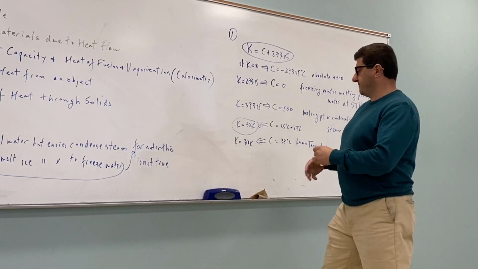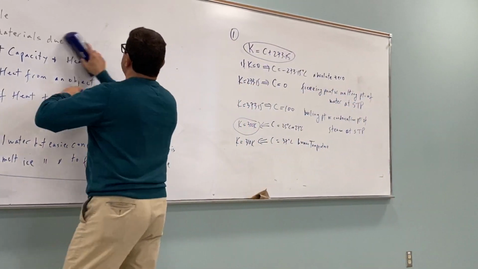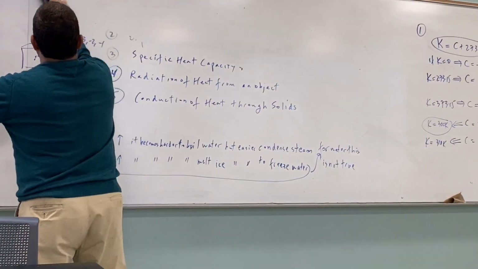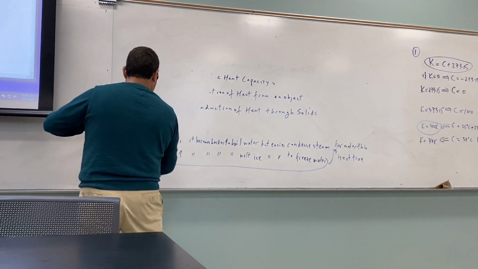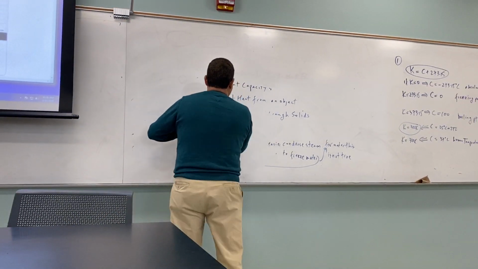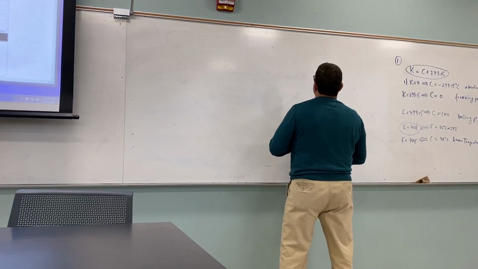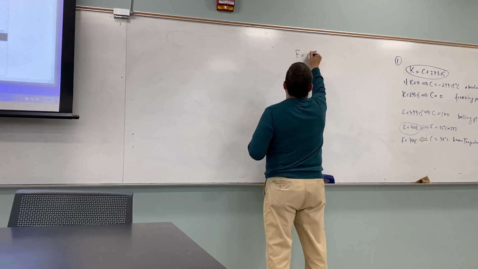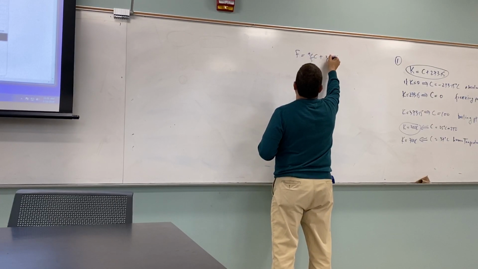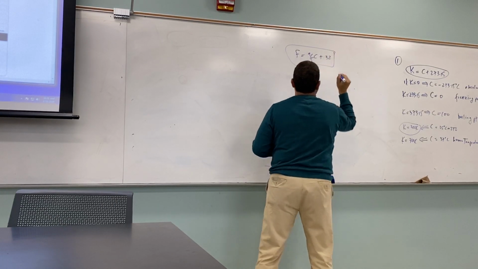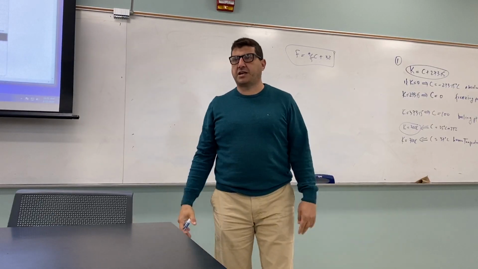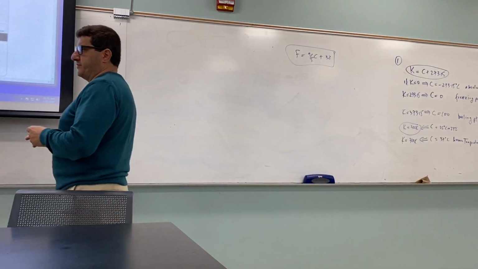Okay, now let's do the conversion to Fahrenheit. The Fahrenheit scale is going to be 9/5 Celsius plus 32. There's probably a whole history of the Fahrenheit scale, how it came about and stuff.